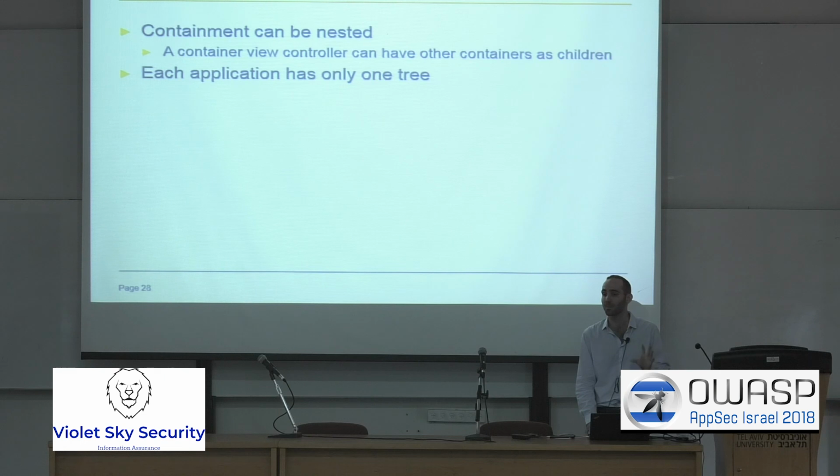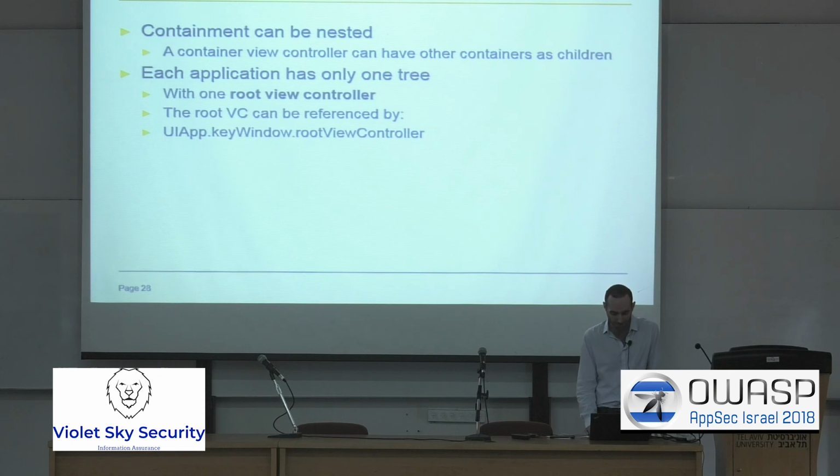At any given moment, the application can have only one containment tree, with one root, which is called the root view controller. The root view controller contains all the other view controllers that are currently loaded in the application. A reference to the root view controller is stored here.